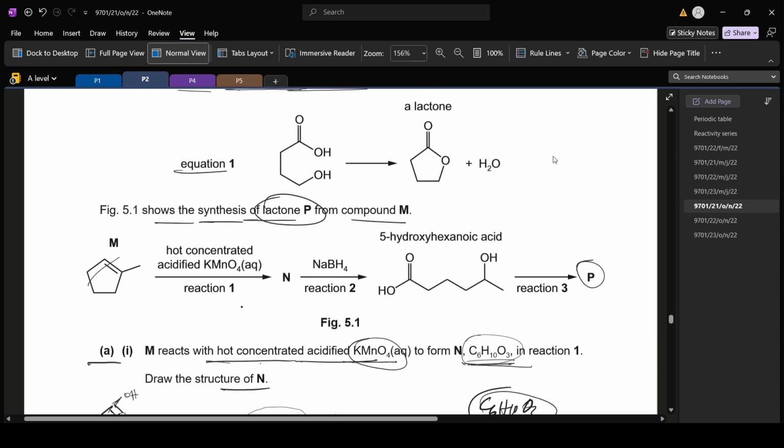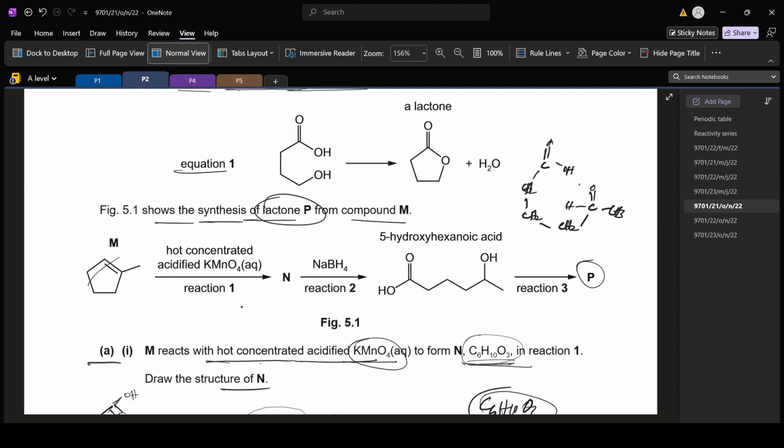So this will be like this, which then you will have CH2, CH2, CH2, and CH, CH3, and a double bond.